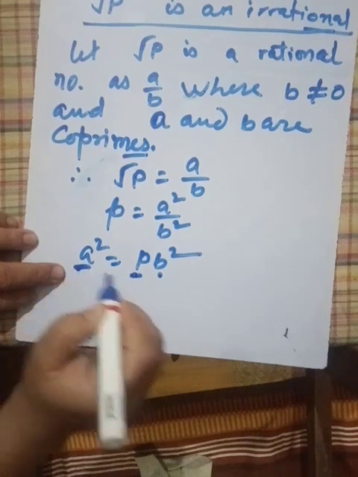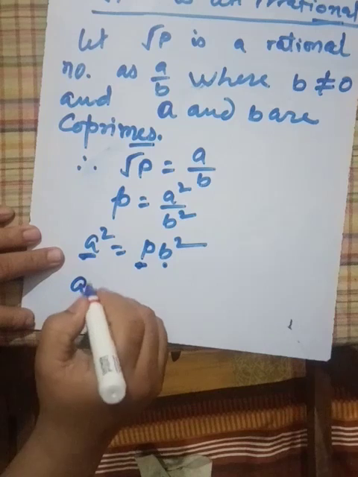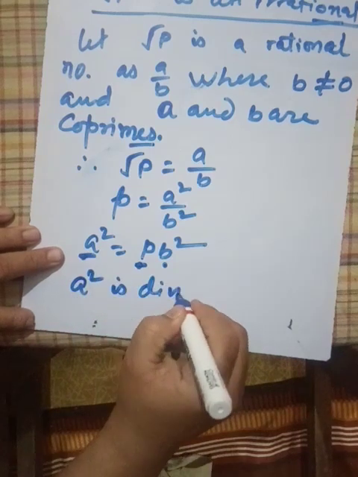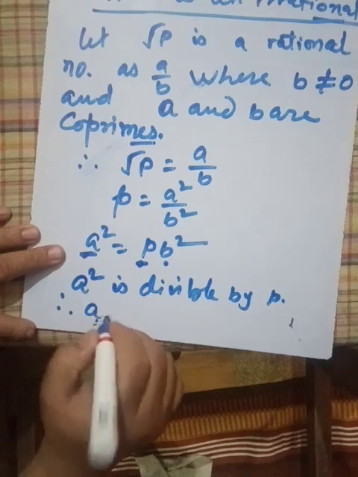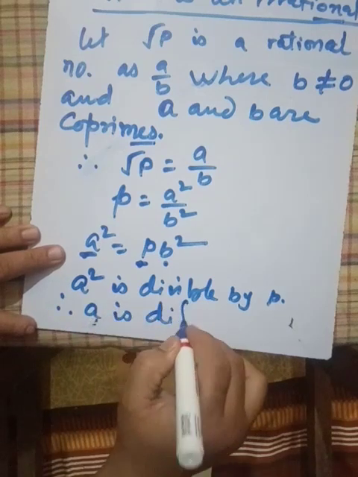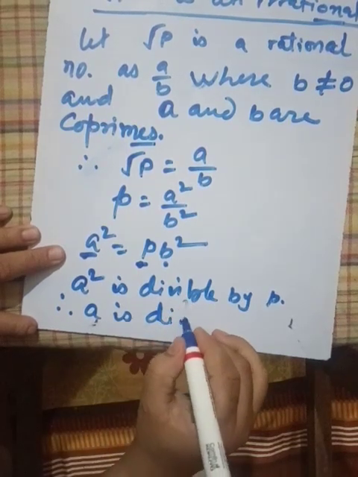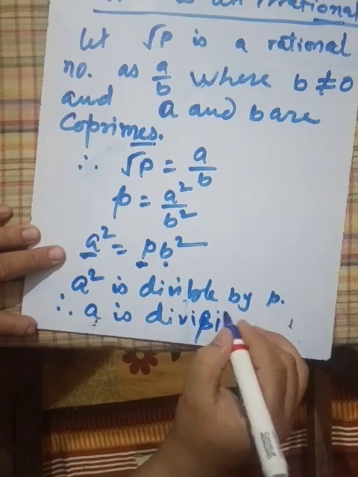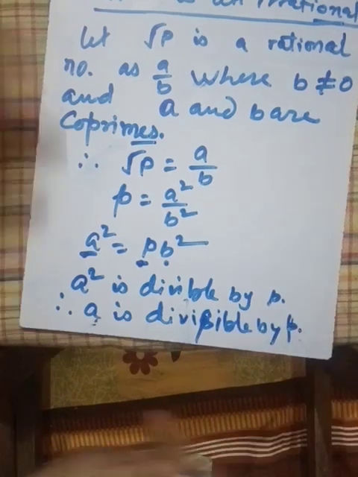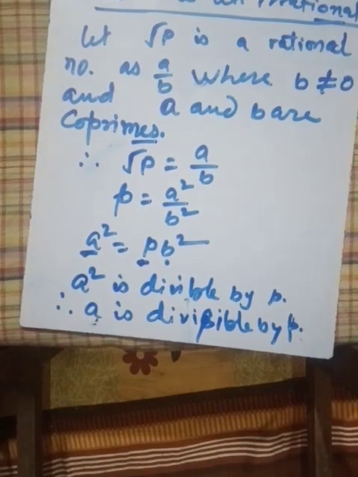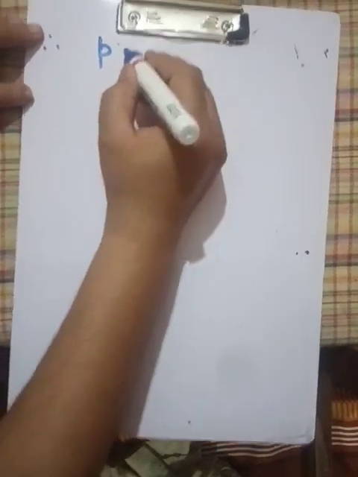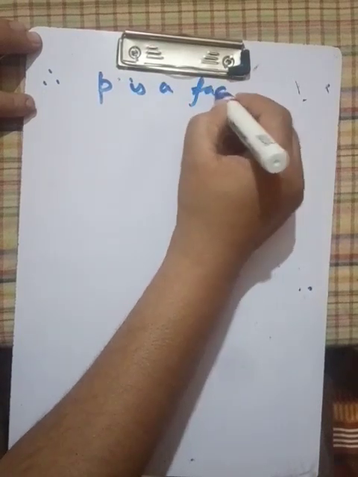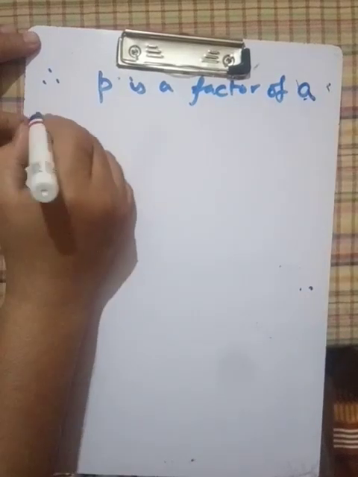That means this A square is divisible by P. Therefore we can write A is divisible by P. So in this situation, P will be a factor of A. Therefore we can write P is a factor of A.